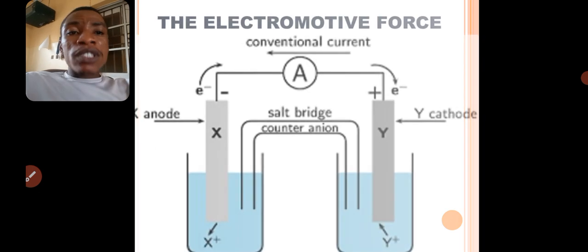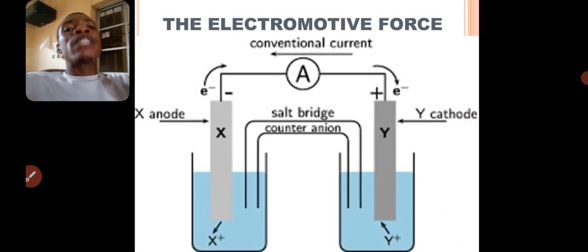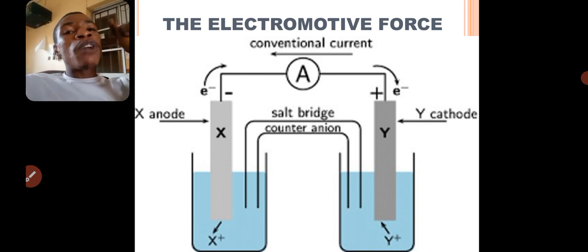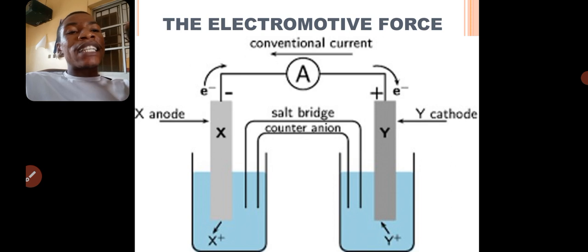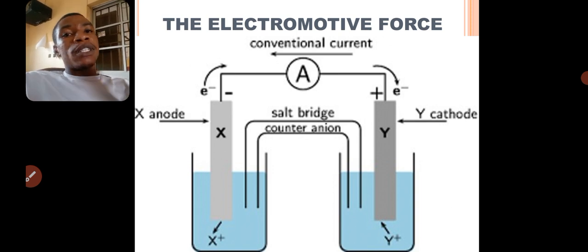Electron flows from the anode to cathode, but current flows in the opposite direction, from cathode to anode. Now do not forget that the cathode will always have higher electrode potential. That is, it will be more positive than the anode. So the more positive the electrode, the more tendency it has to become a cathode.